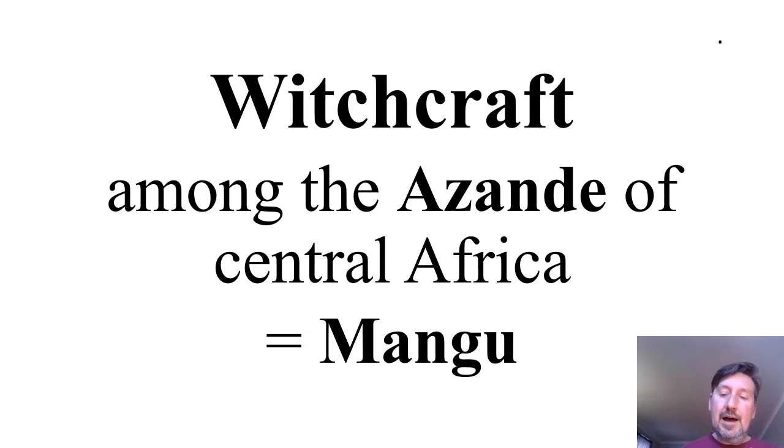In the article by Evans Pritchard, and also the movie we watched about this in class, we learned about another category related to religion, which is witchcraft, and specifically about the belief among the Azande people of Central Africa in what they call mangu, which is what we customarily translate as witchcraft in English.